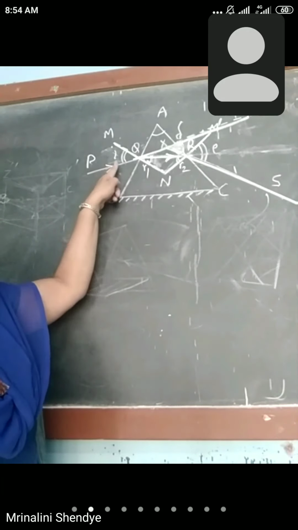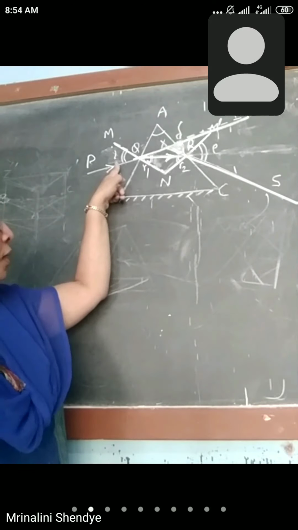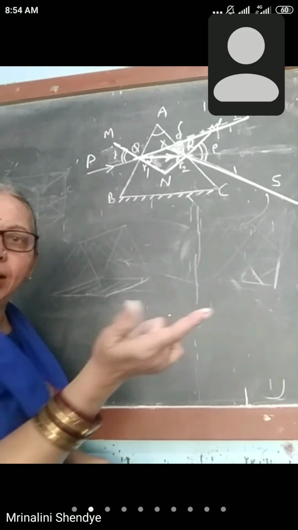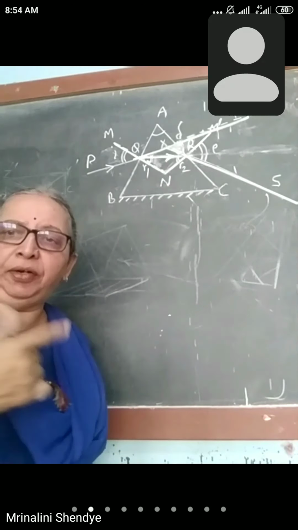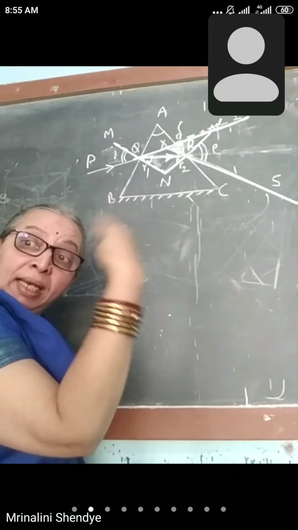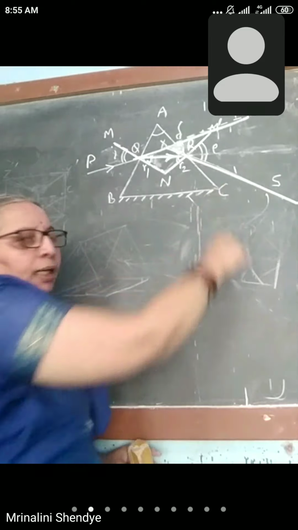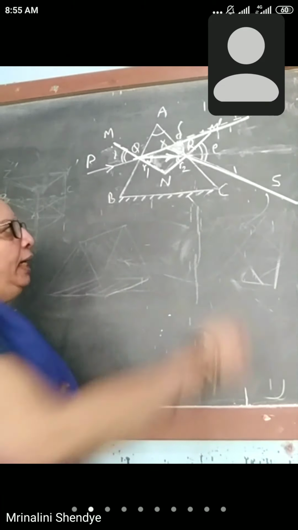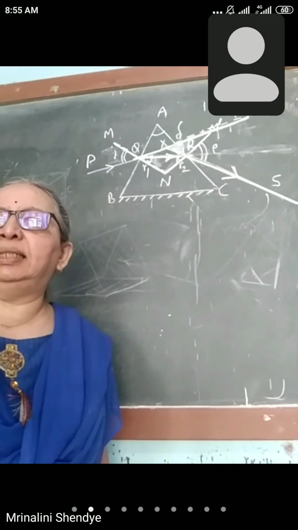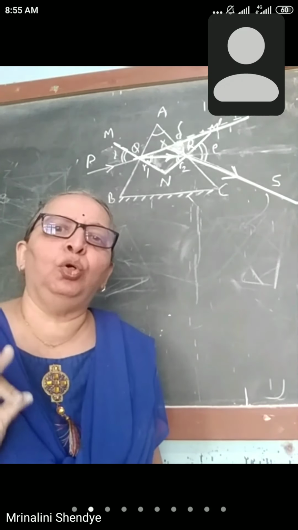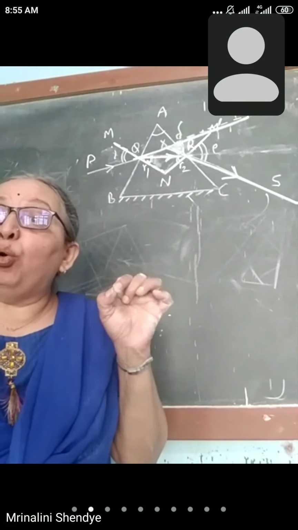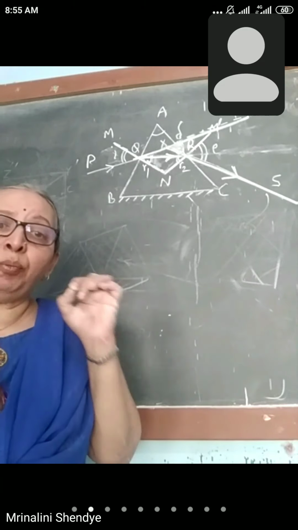Incident ray PQ, making angle of incidence I when incident at point Q on face AB, gets refracted and moves along QR, which is the refracted ray through the prism, incident at point R from inside the prism on the second refracting surface AC, and emerges out along RS. So arrows are necessary. उसकी डायरेक्शन हम लोगों को दिखानी है, तो हर एक रे के ऊपर एरोज चाहिए. तो here what will we get?